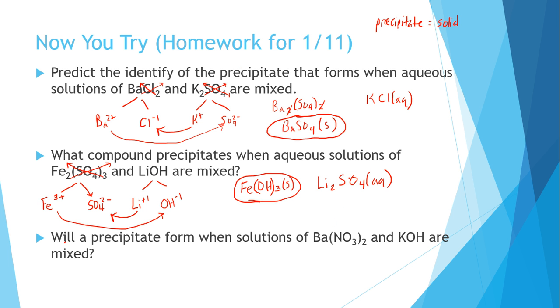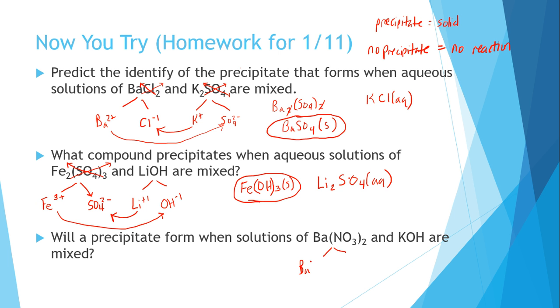And the last one, it's asking, will a precipitate form when barium nitrate and potassium hydroxide are mixed? So here you have to see, is this reaction even possible? Again, no precipitate equals no reaction. So let's split this apart.